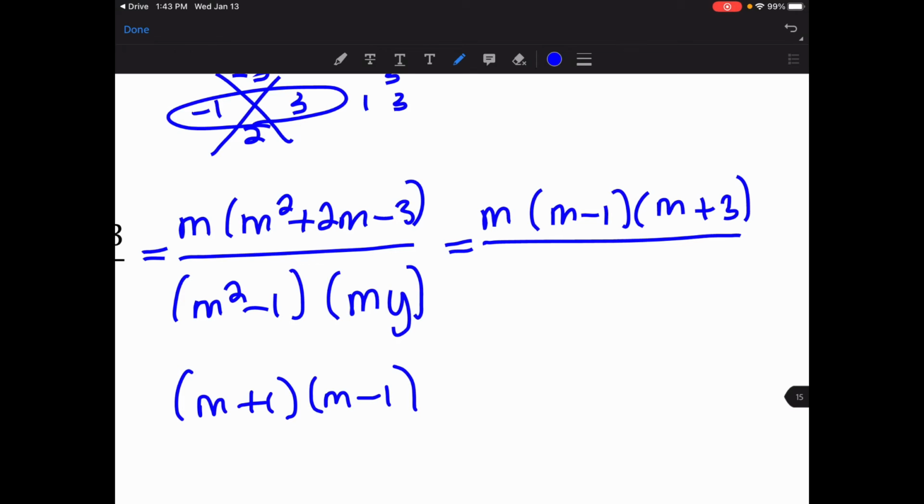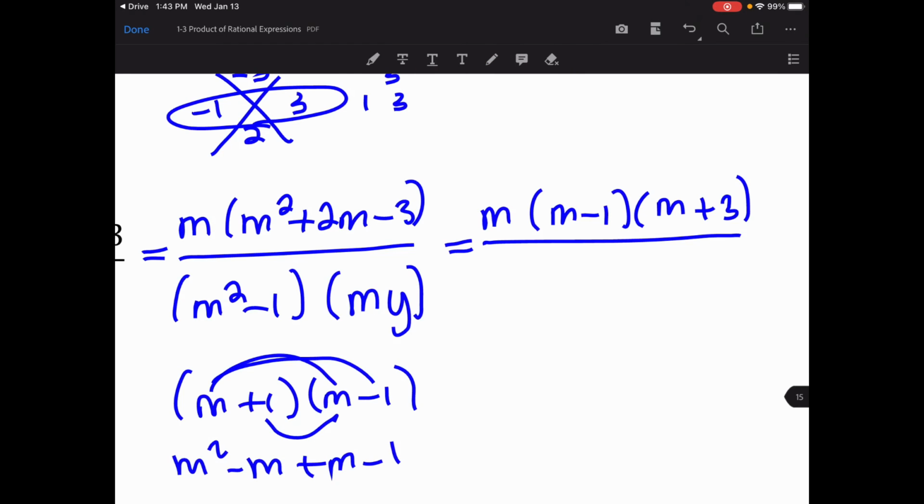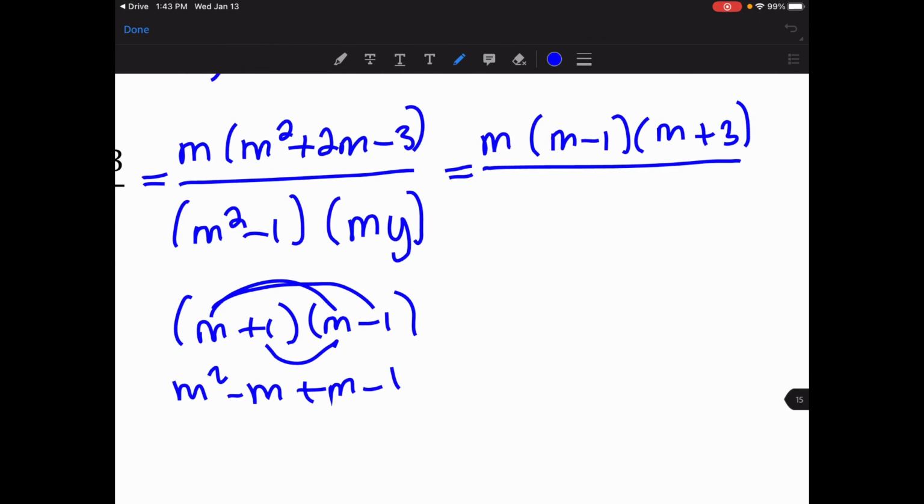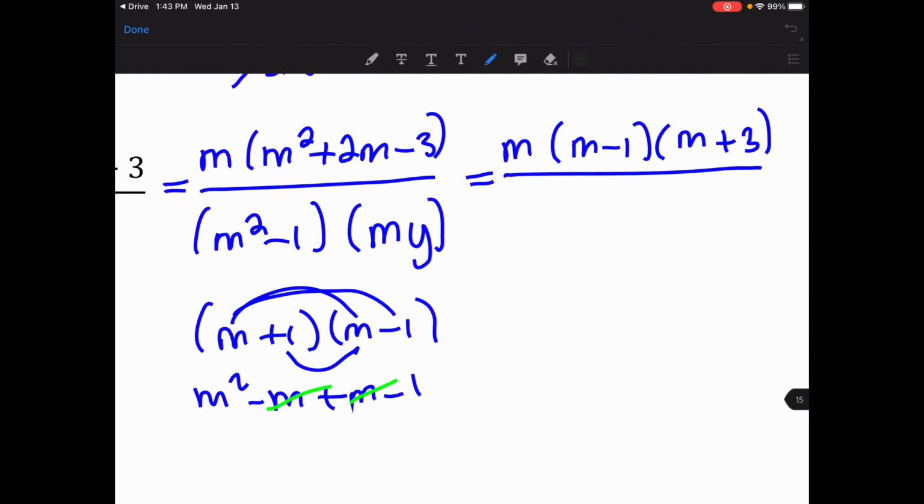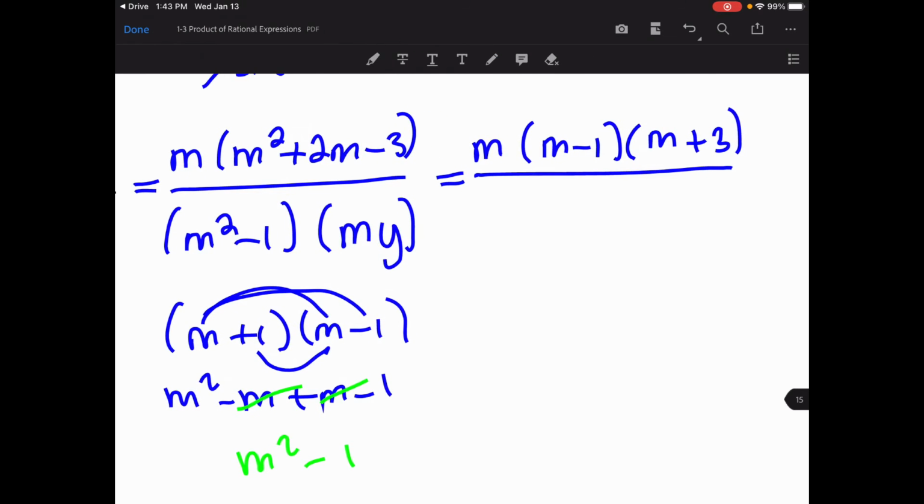Because if you FOIL this, we would get m squared minus m plus m minus 1, and because my middle two terms cancel out, I have m squared minus 1. So that's just a little bit of review of what you may have already known. So let's move on here. So m squared minus 1, I can rewrite as m plus 1, m minus 1.